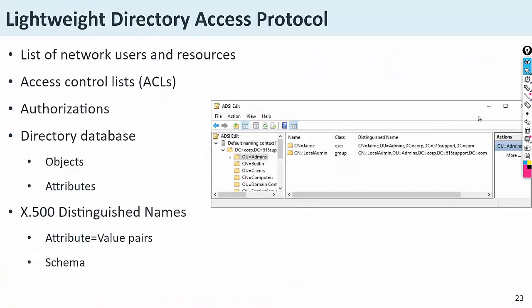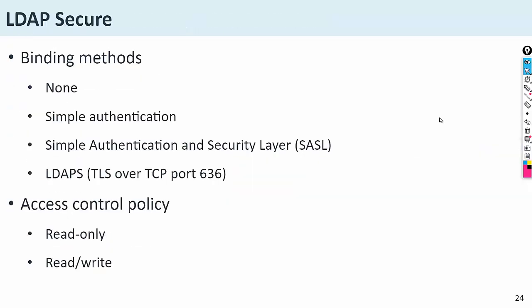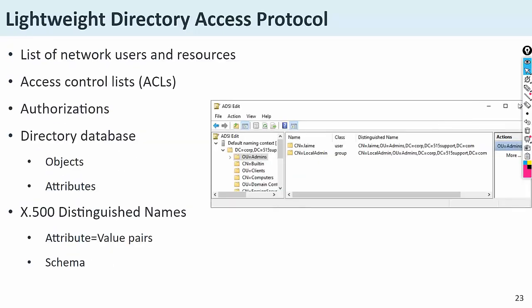One more thing is a service used for sharing the directory in the network. It is called Lightweight Directory Access Protocol, LDAP. This LDAP has two things: attributes, like the OU attribute and CN attribute, and the values. It determines which user can access which particular folder.